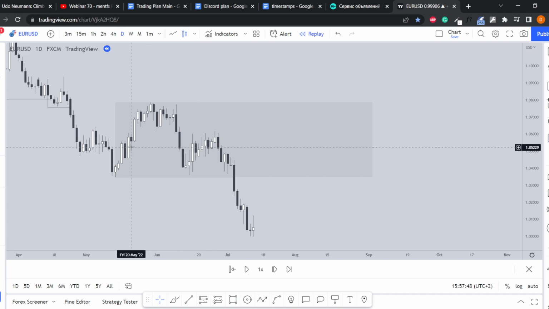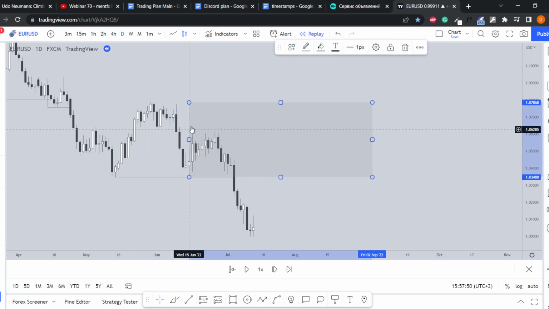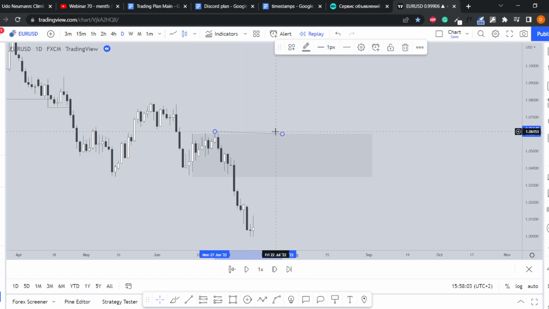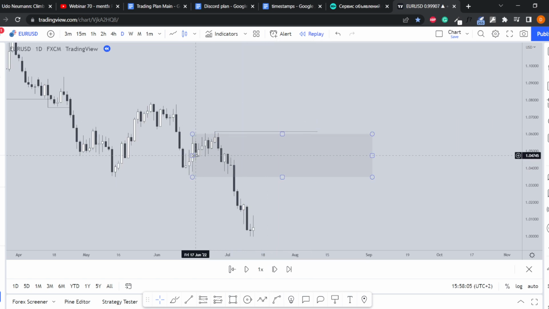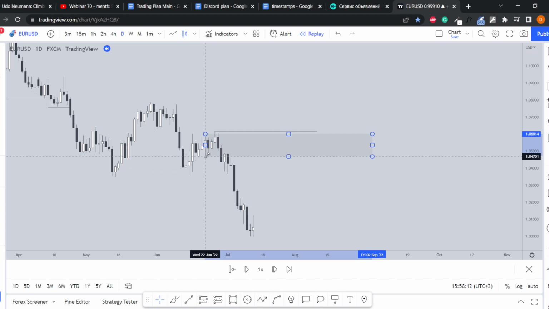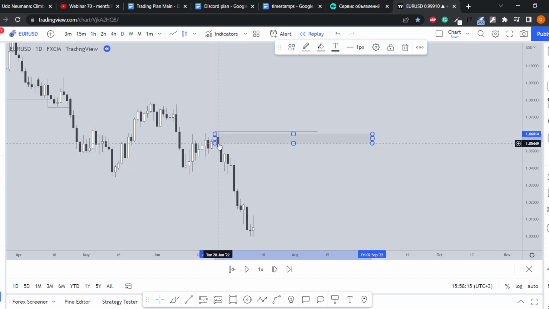For now in this video we will use the pullback before the break, and we will say that this is a protected high for this zone, and this is our root. But even in the root of the move we can refine further. So we can say that the last unmitigated candles, and unmitigated candles I will describe in the next video, so for now it's just a small introduction.